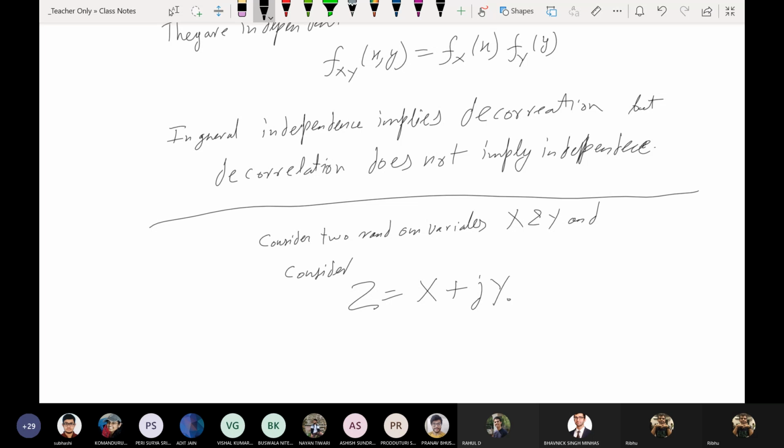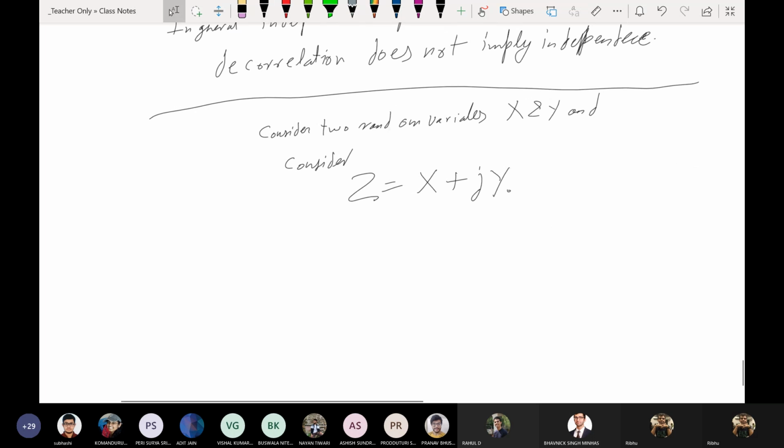So now you actually have a complex valued random variable.